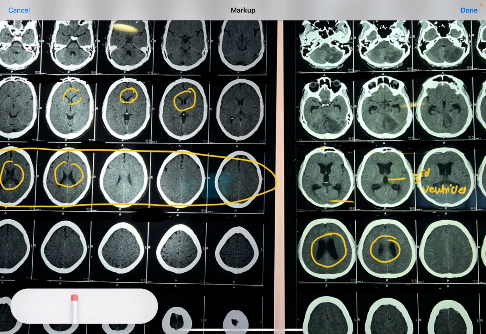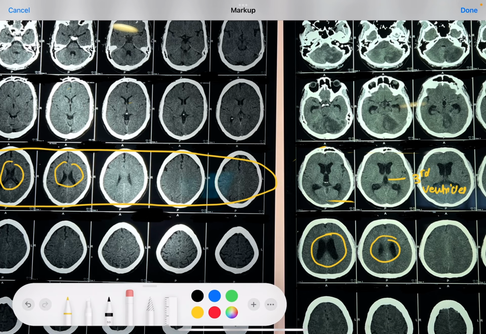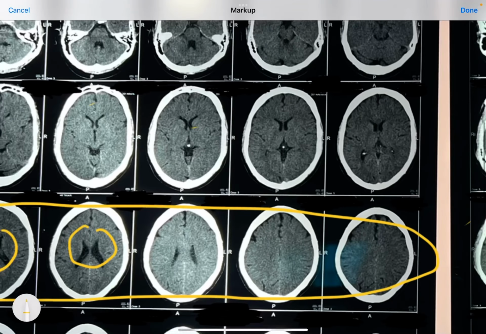We have to simply find the two lateral ventricles, and at these lateral ventricles we can see the caudate lobe, and just behind the caudate we can appreciate very clearly the thalamus.